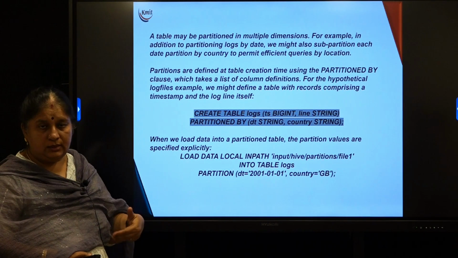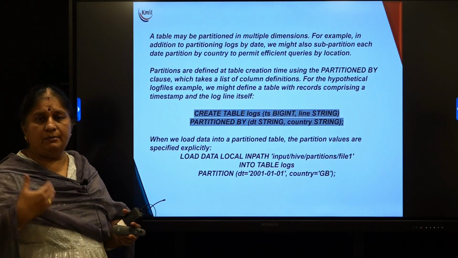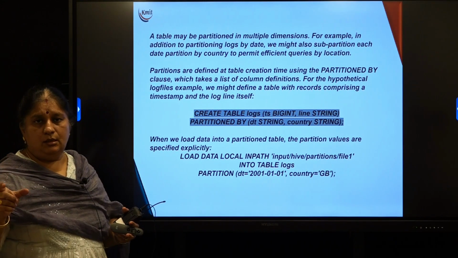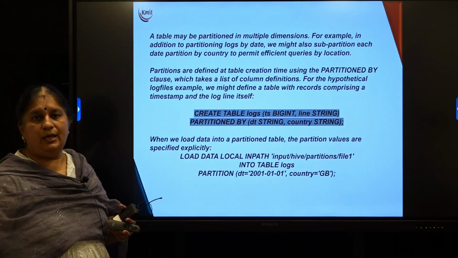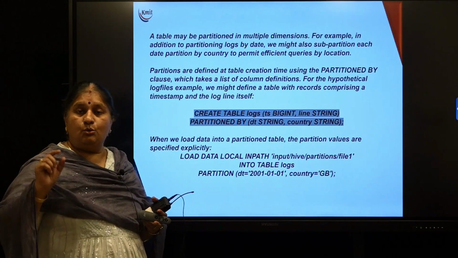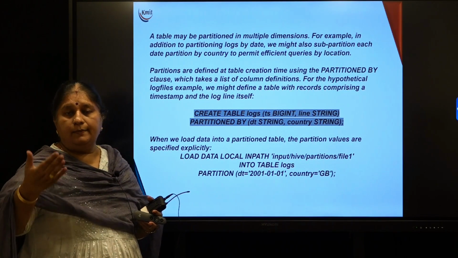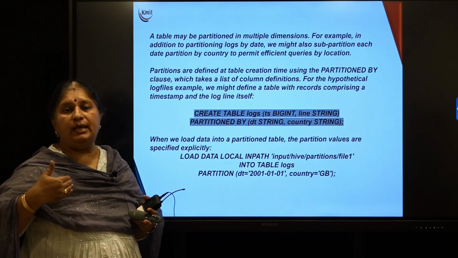So whenever I want to see who is having multiple records in US, only that particular partition will be accessed. I am not accessing the entire database, only that particular slice which is matching my requirement. Thereby you are saving query answering time.